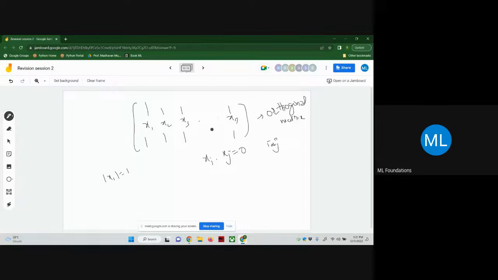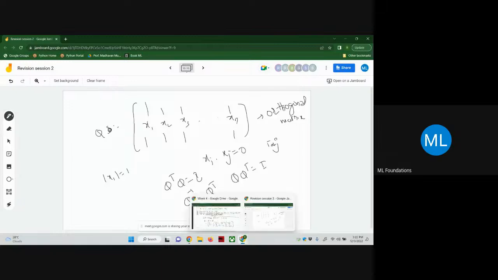For this orthogonal matrix, suppose Q is an orthogonal matrix, what you can check is Q transpose Q is equal to I, or in other words Q inverse equals Q transpose.